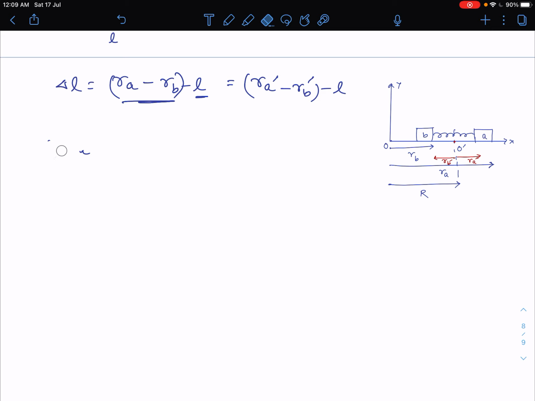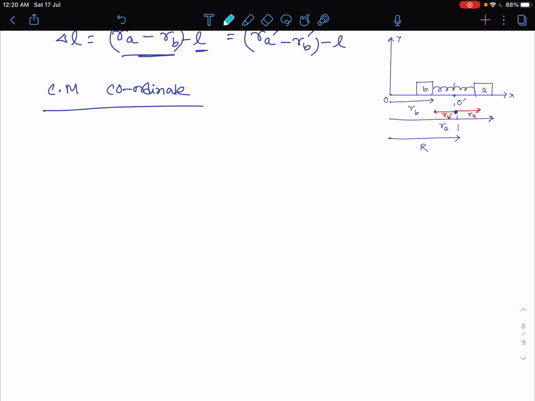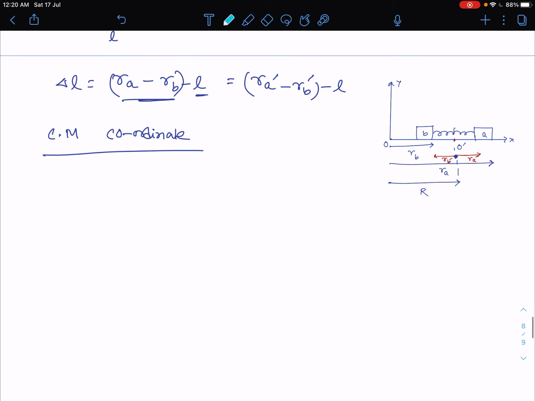By the way, all the motions here are with respect to the center of mass coordinate. In this case, since body A is moving along the positive direction, the spring force acting will be along the negative direction, and for block B, the spring force will be acting along the positive direction, right?